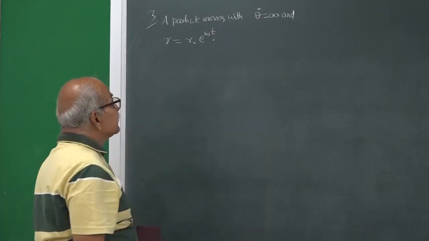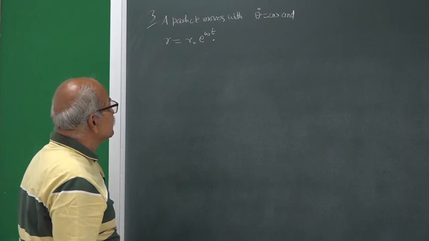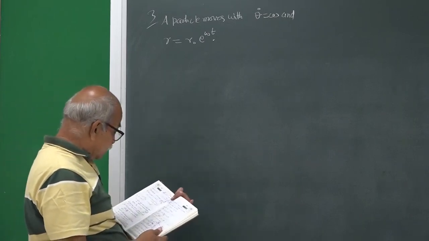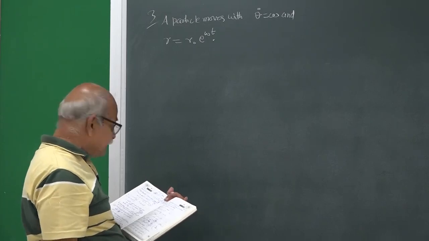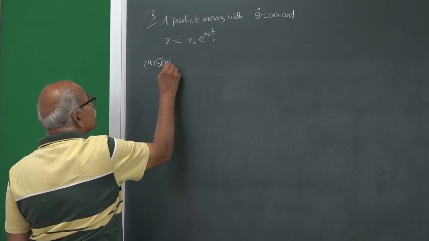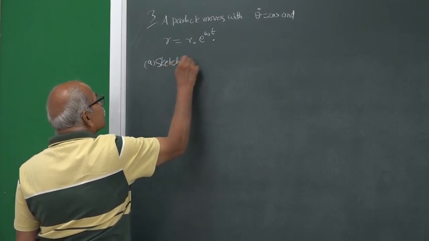So, this is the information given, theta dot is omega and r is r naught e to the power omega t. The first part is sketch the path, sketch the path.